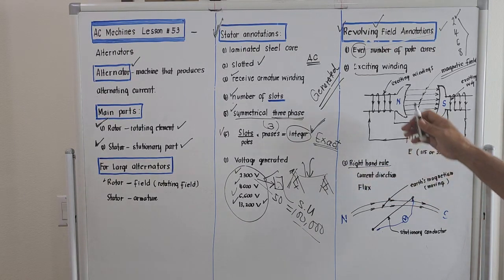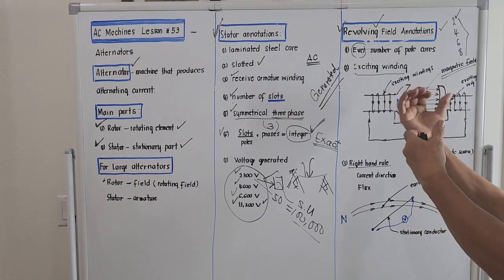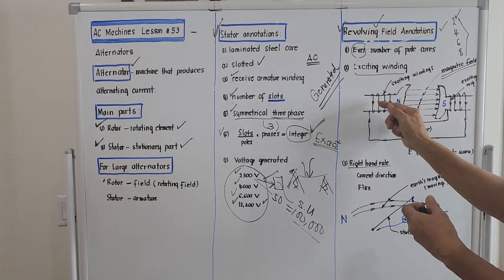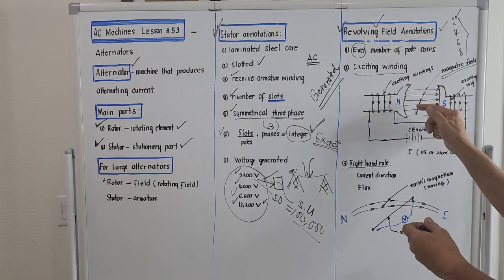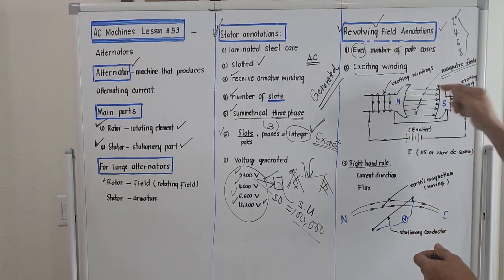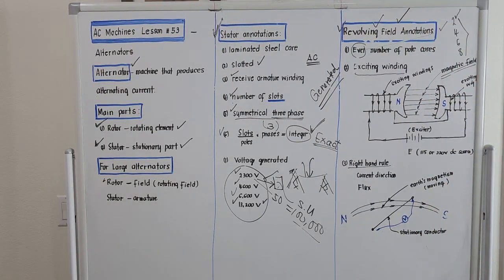For a generator, with the right hand rule, the curling of the fingers goes with the direction of the exciting current, and the thumb points to the direction of the magnetic flux produced. That's a revolving magnetic field. And as a final illustration, consider the magnetic field of the Earth.